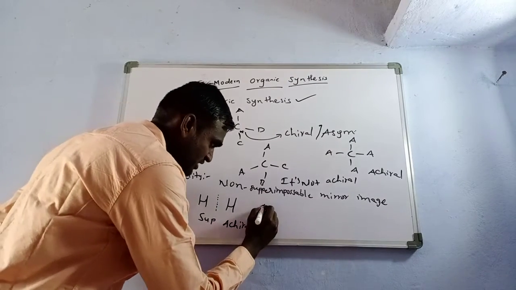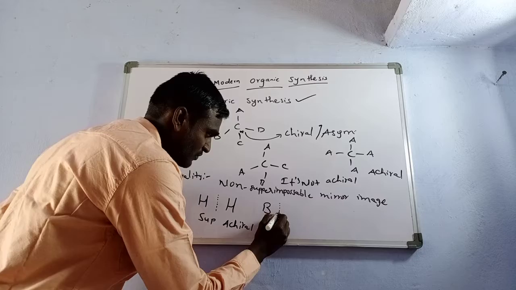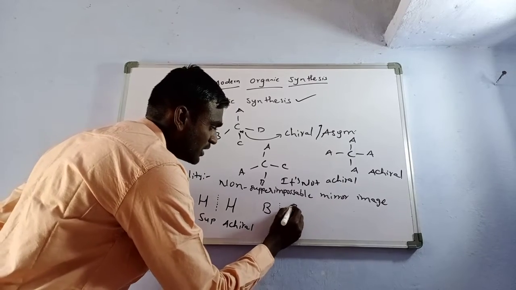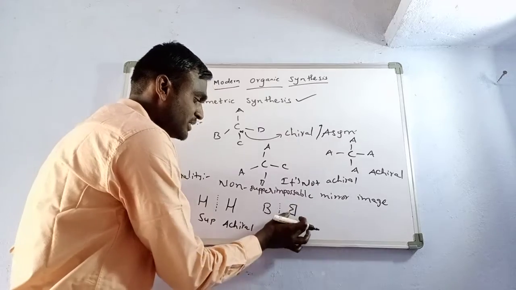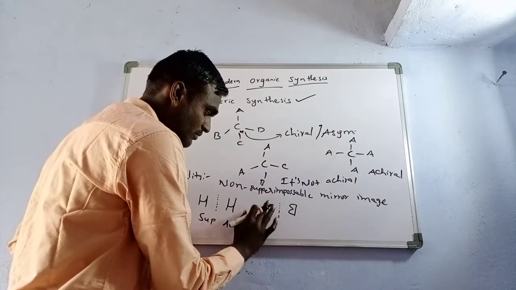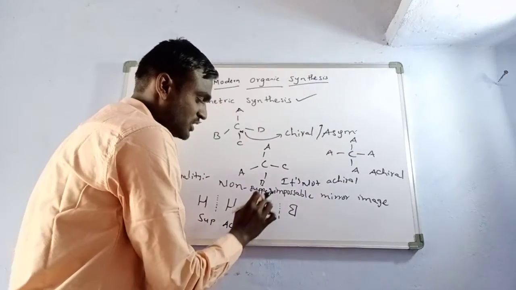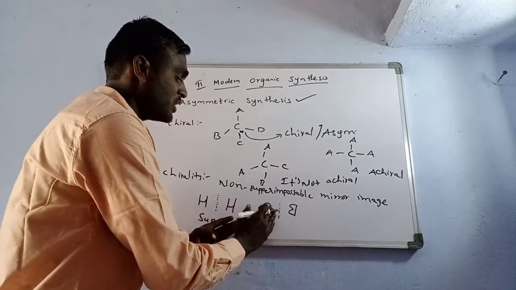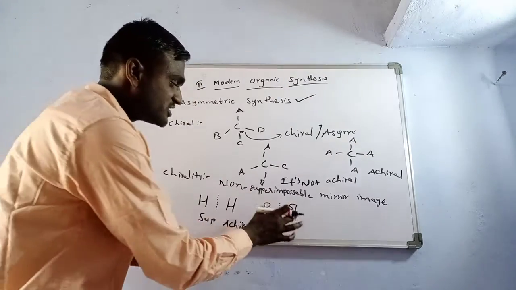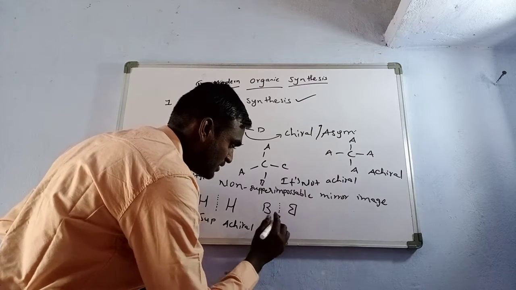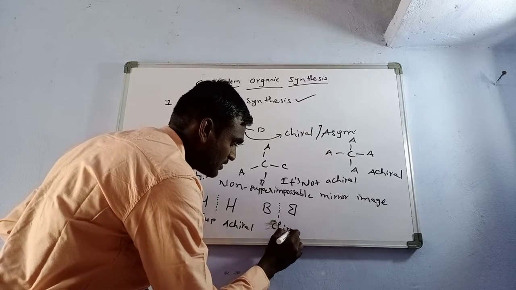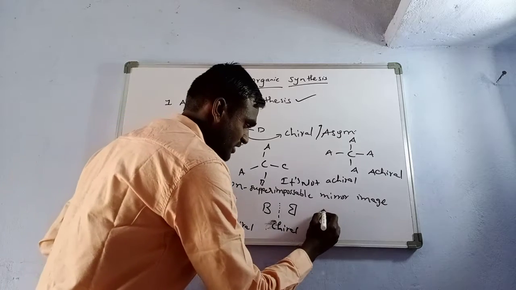If we take another example, B, its mirror image will be like this. Whenever the mirror image of the letter B is kept on this B letter, these two are not matching, meaning this is a chiral object.